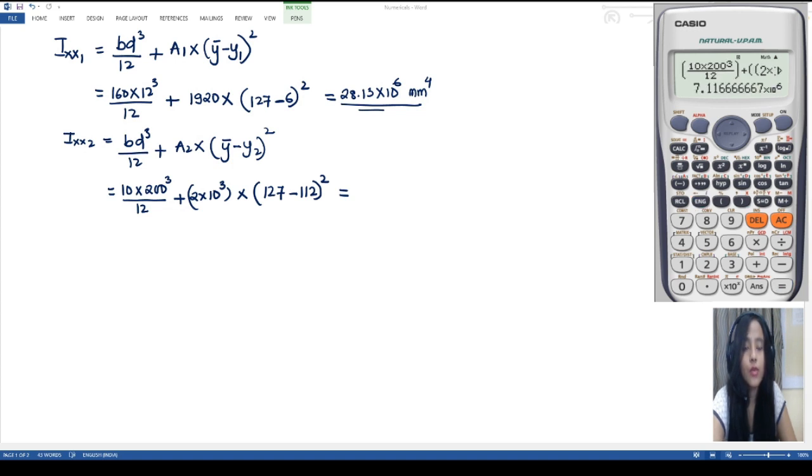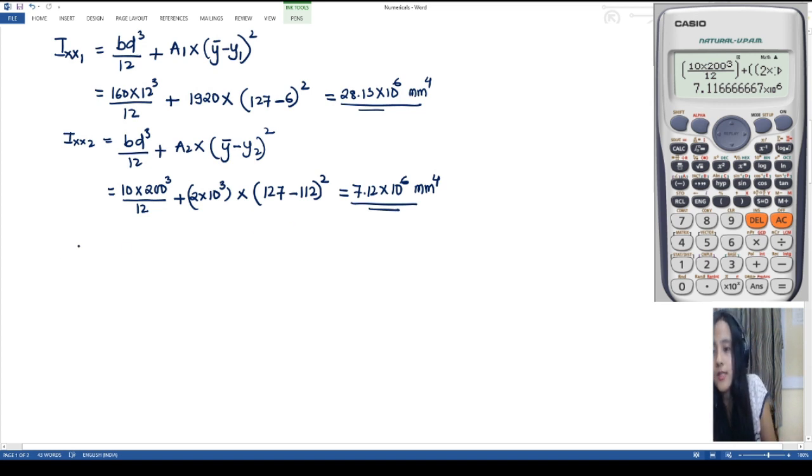So this is coming equal to 7.116. Since I have a 6 here, I'm rounding it off and making it 7.12 into 10 raised to power 6 mm raised to power 4.